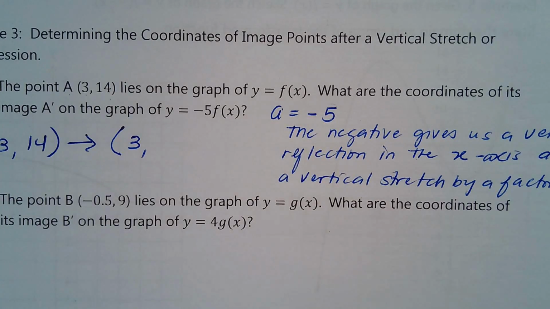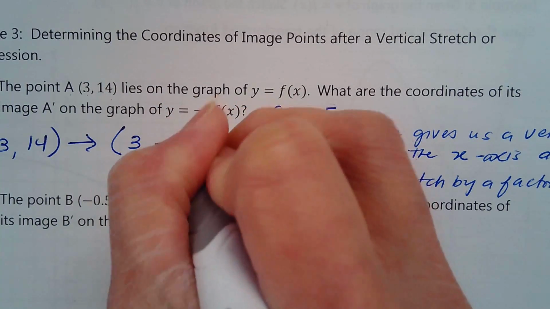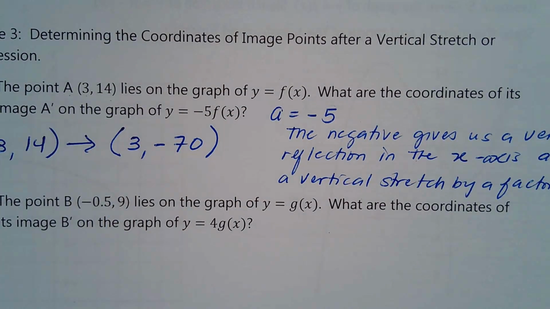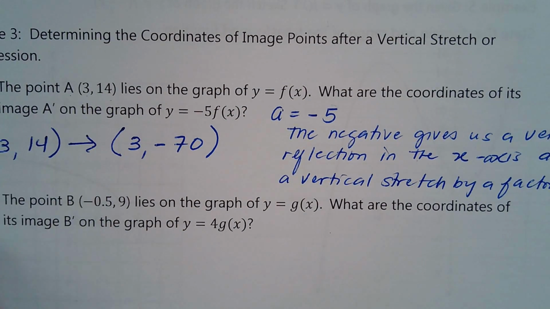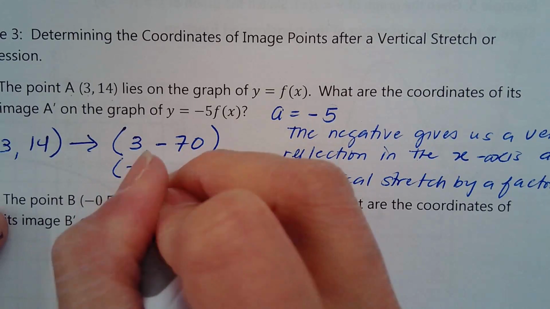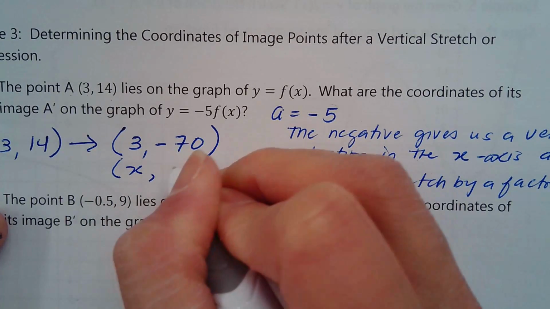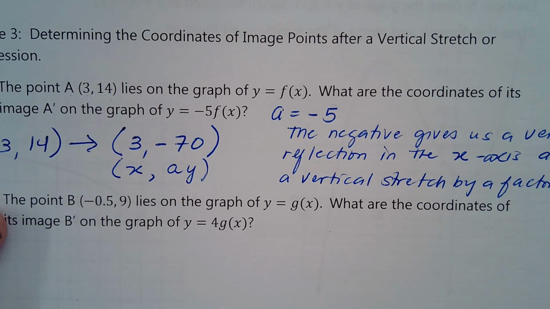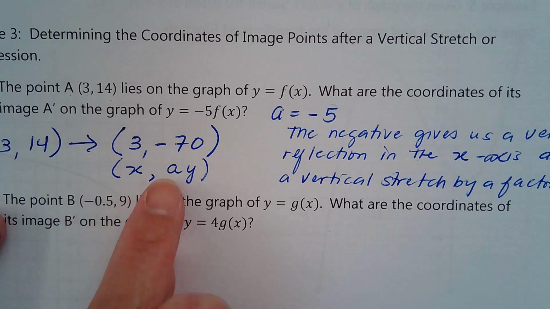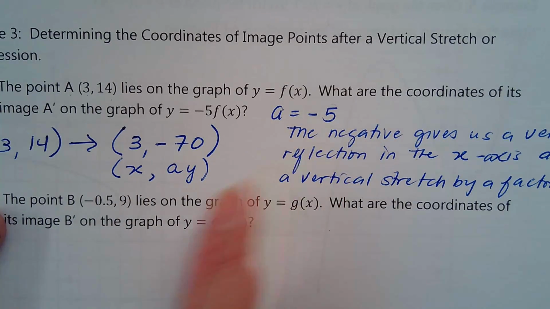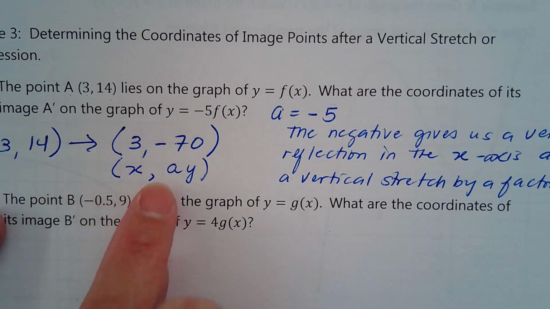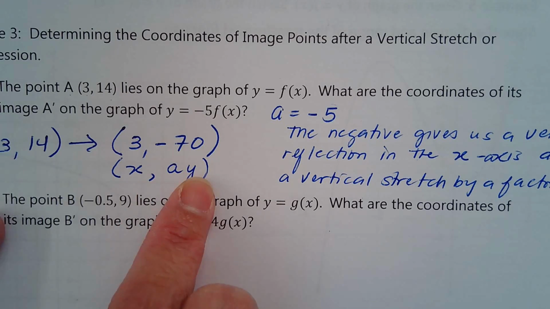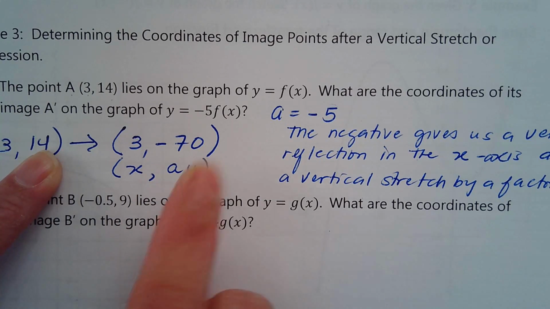So it's -70. So this is going to be x, comma, a times y. What's our a? Our a is -5. So a, -5 times the y value of 14, so -70.